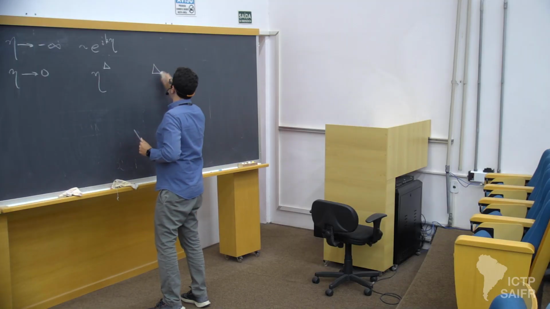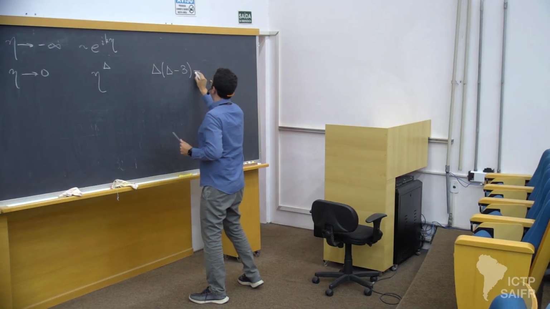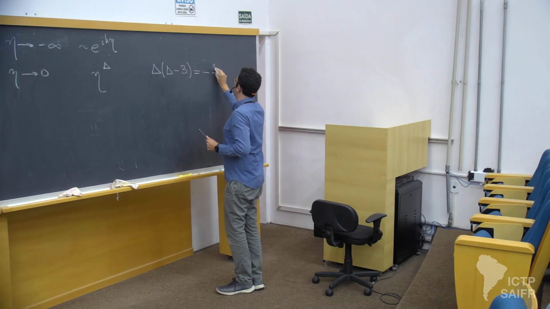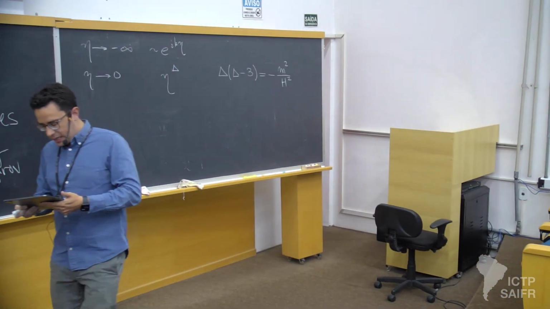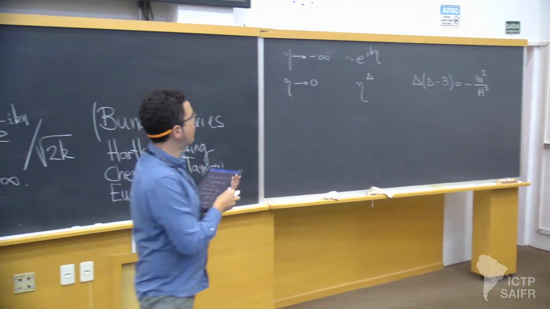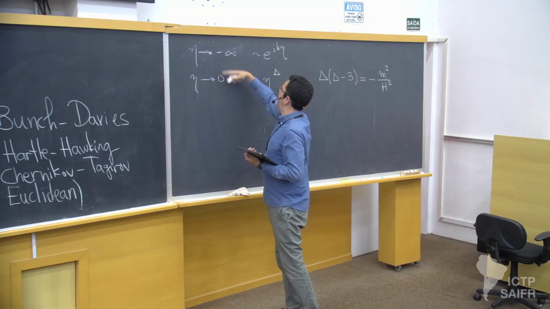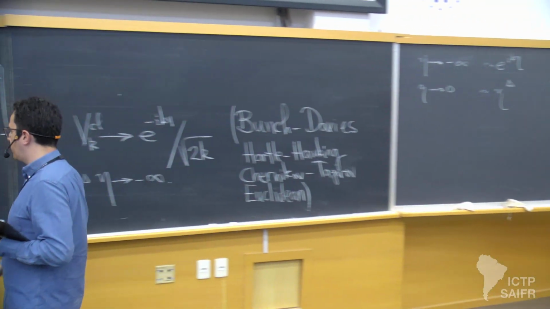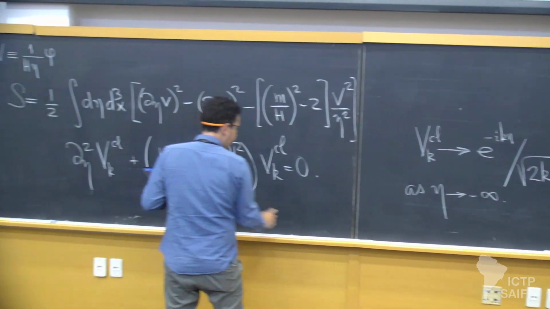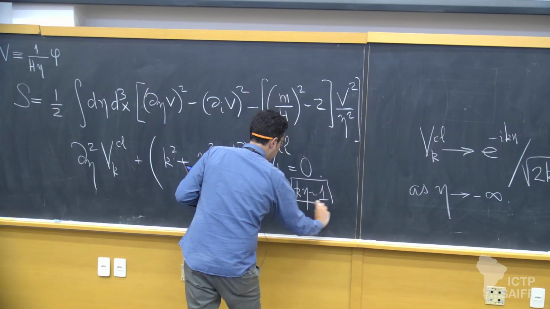And delta solves a famous equation, delta times delta minus 3, with an important minus sign. This minus sign is because we are in dS, not in AdS. So when does the change of behavior happen? Well, the only dimensionless parameter that you can build is k eta. K eta of order 1.